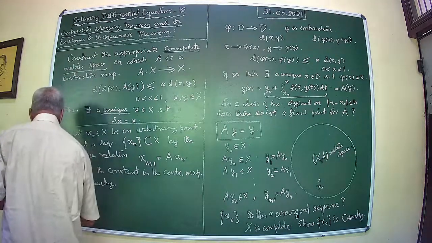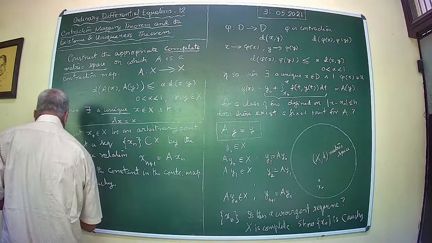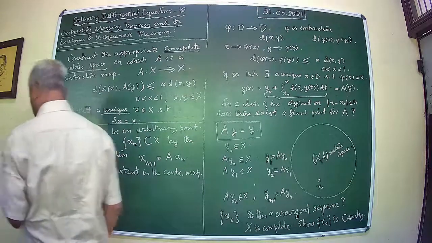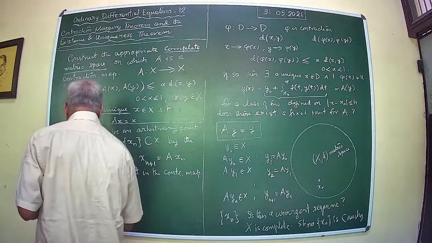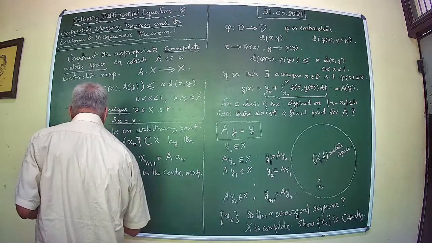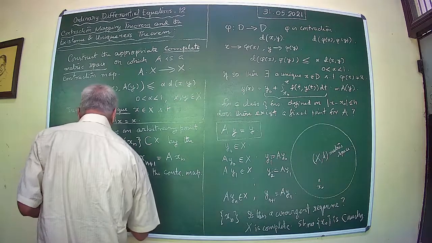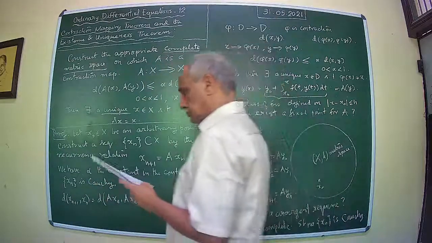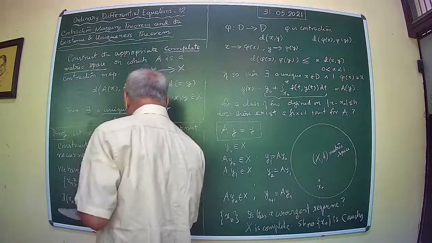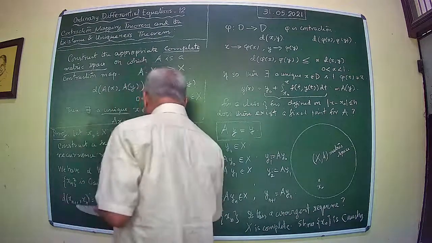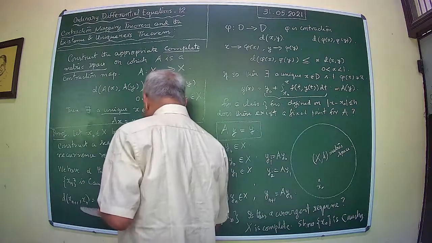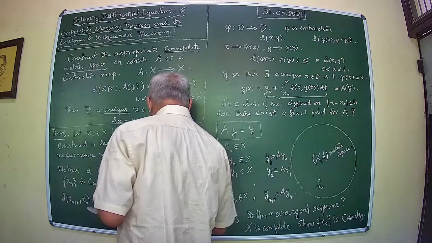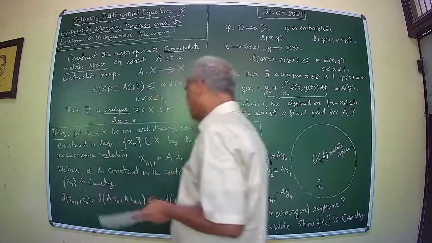So d(x n plus 1, x n) is equal to d(A x n, A x n minus 1), and that is less than or equal to alpha d(x n, x n minus 1).